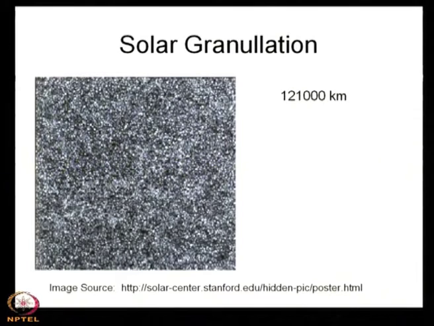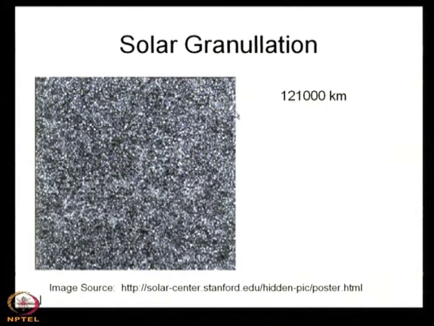And this is a picture of the solar surface, and you see that there are these granules, this granular structure that you see on the surface. This picture is an extremely large region. In absolute terms, it is 121,000 kilometers across.